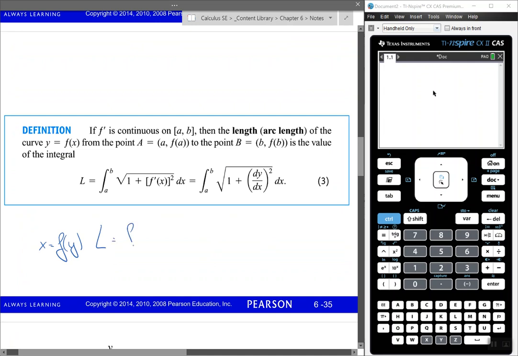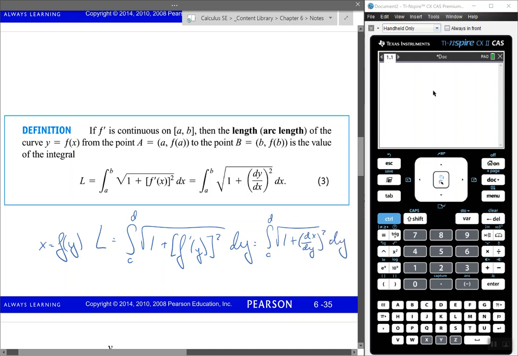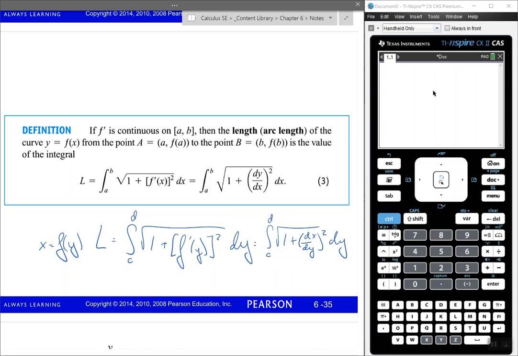The length in terms of y is the integral from, we'll call it c to d to give different letters there so we don't overlap, c to d of the square root of 1 plus, we should probably call that g, but I'm not going to go back and change to this point, f prime of y, quantity squared, with respect to y, which is the same thing as the integral from c to d of the square root of 1 plus (dx/dy) squared, with respect to y. So it does not matter what letter your equation is in. We use this same formula, and it's just the derivative quantity squared, and then you put this all in.